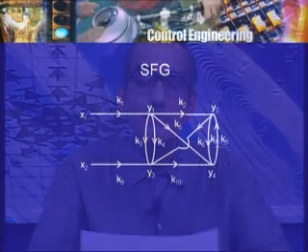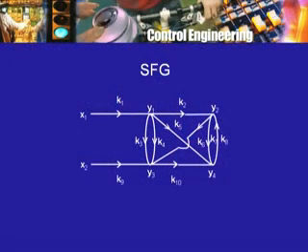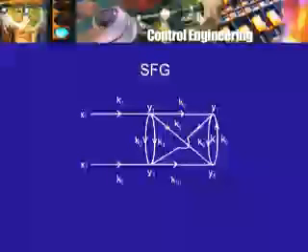Is there any? Of course there is this path k1, and in this case that's the only one. So there is only one forward path, and it has transmittance k1, so the gain of the forward path is k1.